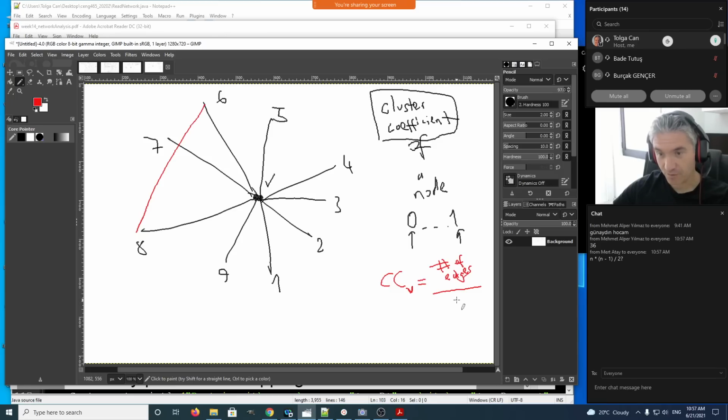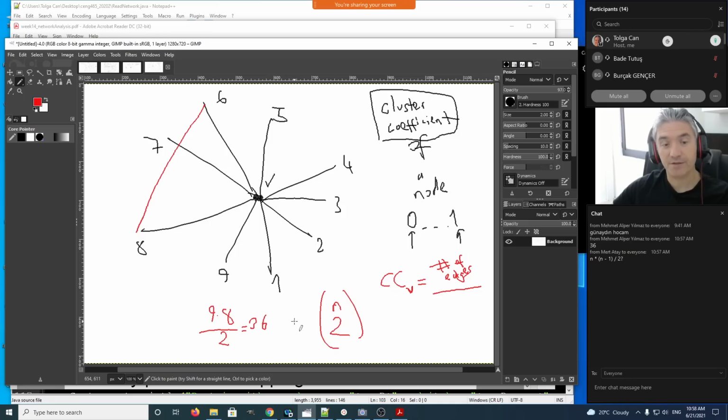Exactly, so both of them are correct. It's basically based on the number of neighbors. If the number of neighbors is n, it's n choose 2, all the possible 2-combinations of n, which is n times n minus 1 divided by 2. In this case n is 9, so 9 times 8 divided by 2, 72 divided by 2, 36.